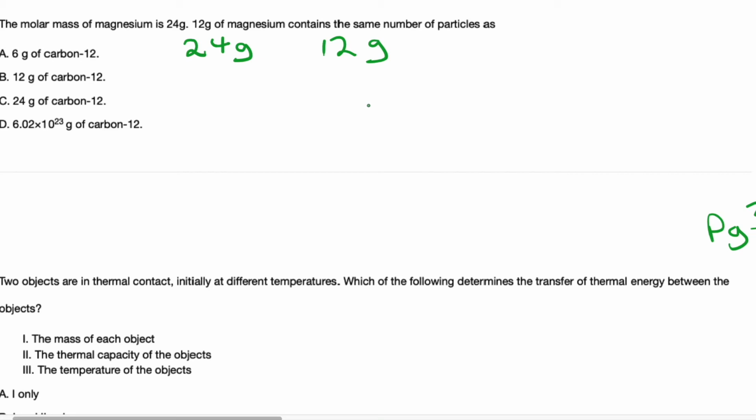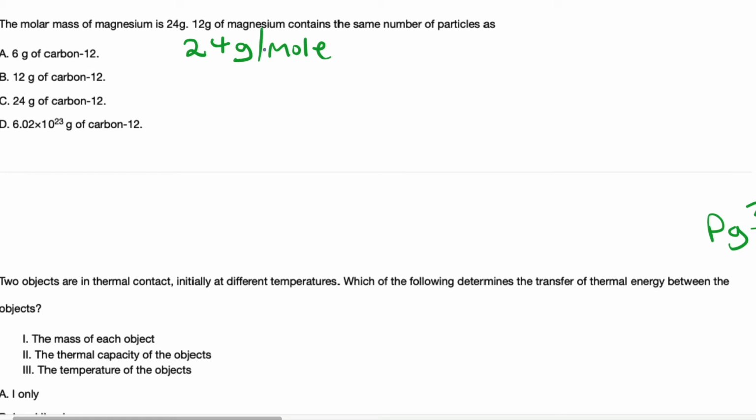We know molar mass is saying that something is 12 grams of magnesium per mole. Sorry, I should put it here. So 12 grams per mole. This is the molar mass of magnesium. So there is 1 mole of particles in 24 grams of magnesium.